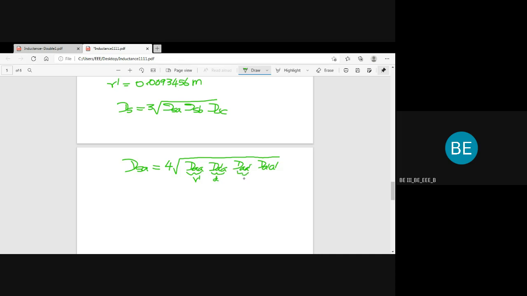So this will be D, and this will be R dash value. So if it is a normal double circuit line without bundle conductor, so we consider this and we find out square root of R dash D. So R dash we can find out. D is distance between conductor A to A dash.